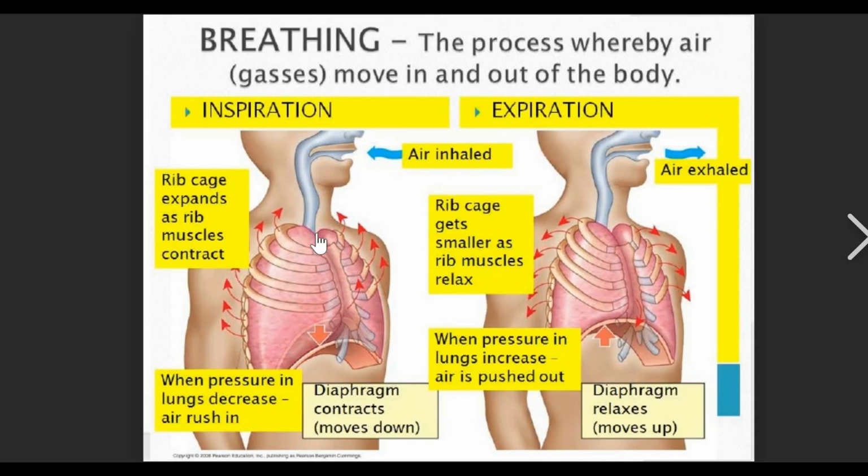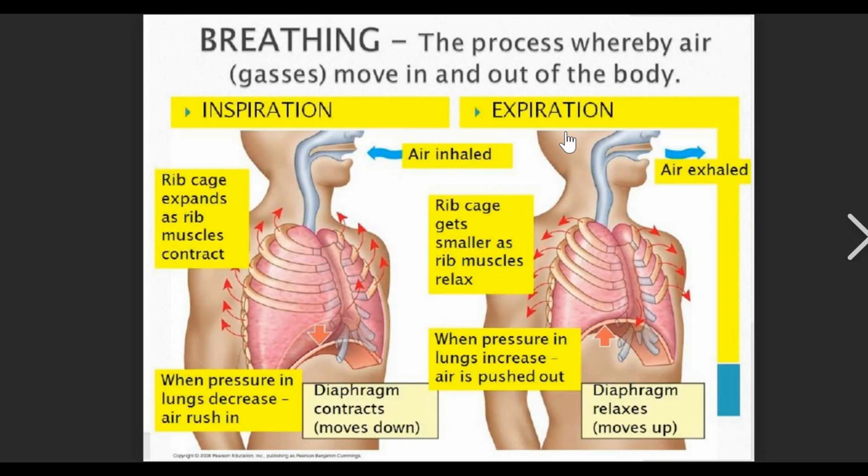So the space in the thoracic cavity increases. The diaphragm contracts, intercostal muscles contract. So the space increases, the rib moves upward. So there is more space in the intrathoracic cavity. As a result, the pressure in the lungs decreases. When there is low pressure, air moves into the cavity.